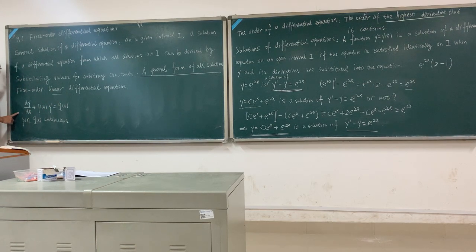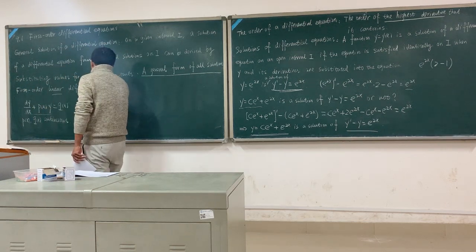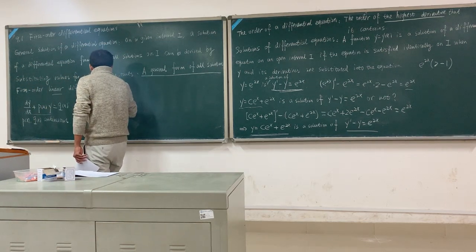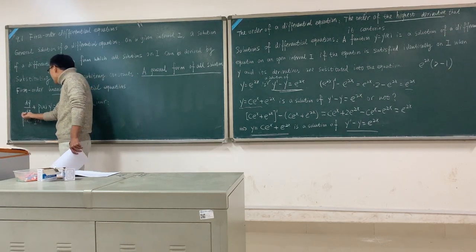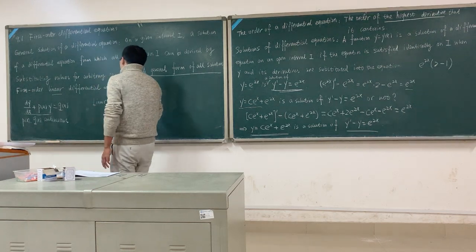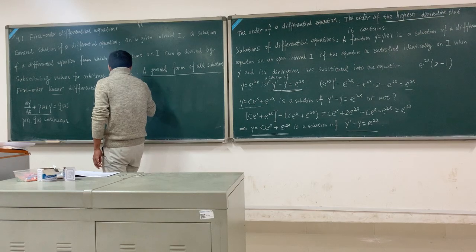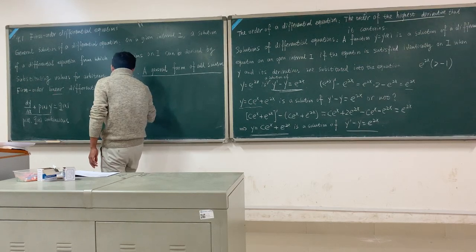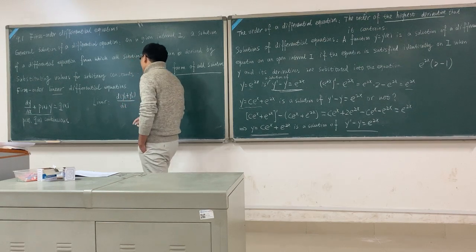So linear, okay? Linear actually is this part. What does linear mean? Linear means this part, because we can see d(y1 plus y2)/dx plus p(x)(y1 plus y2), where y1 is a function and y2 is another function.